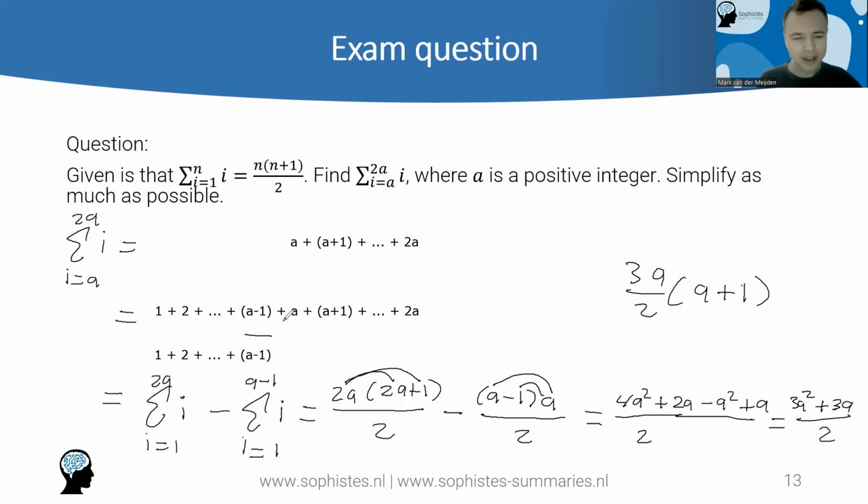Yeah, so the idea was that I want to keep this a, right? Because it needs to start at a. So I go all the way up to a minus 1, because if I would go to a, I would lose the a, and I don't want that. So that's why I stopped 1 earlier. Ah, okay, I get it.